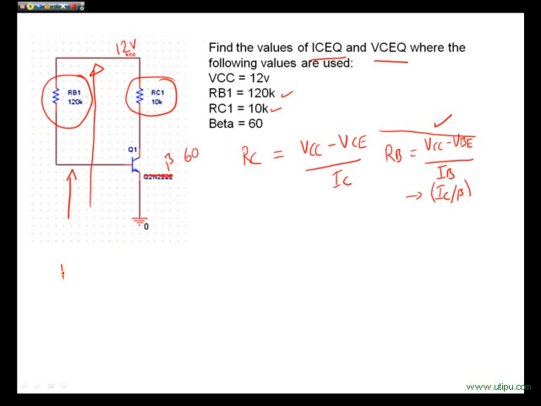So RB is 120k, which equals 12 minus 0.7 all divided by IB. Those two can swap over. We can therefore calculate that IB equals 12 minus 0.7 all divided by 120k.